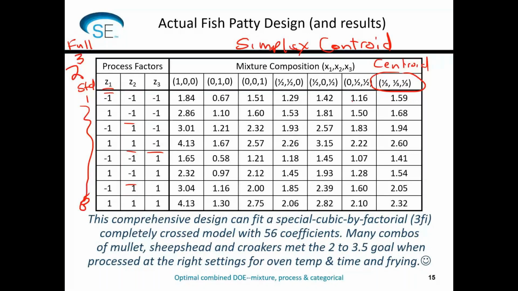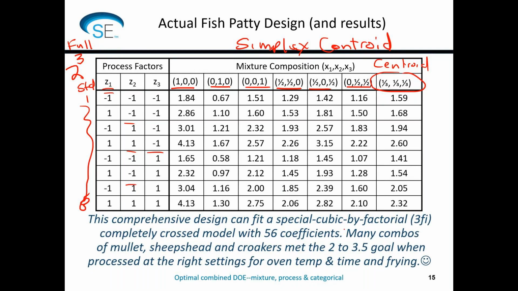All right, and then we've got the pure blends, which is kind of an oxymoron because they're not blends, but we've got the pure amount of fish number 1, the pure amount of fish number 2, fish number 3, which are the sheep's head, the mullet, and the croaker. I forget which is which. We've got binary blends of each of the 2 fishes, and then again, the overall centroid.